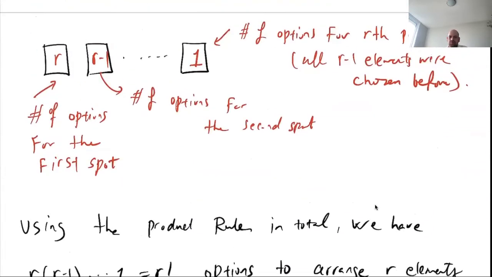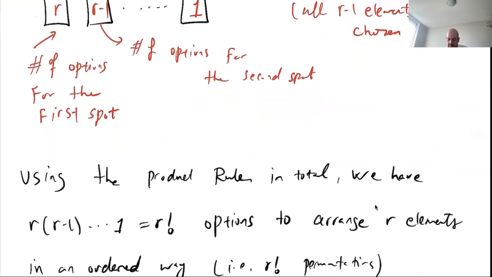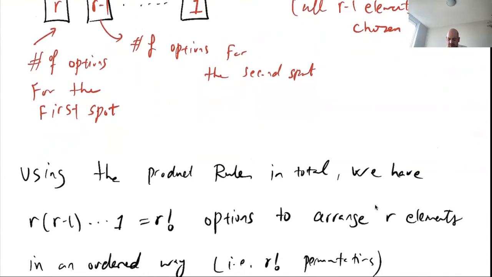Product rule says that if you want to perform a few tasks, let's say the first task in n1 options, the second task in n2 options, and so on, then in total you will have n1 times n2 times n3 and so on options to perform all these tasks together. Okay, so here we have r options for the first one, r minus 1 options for the second one, all the way to 1 option for the last one.